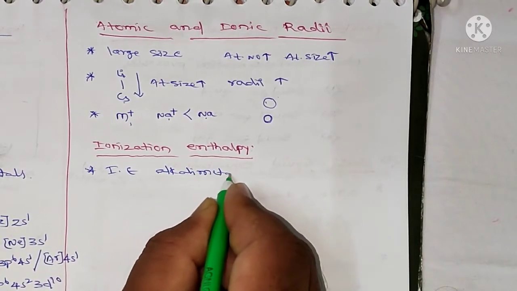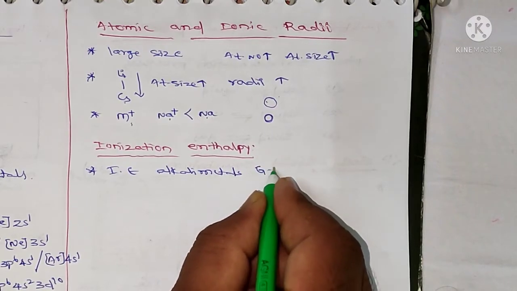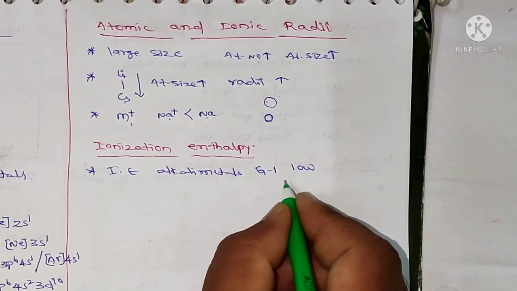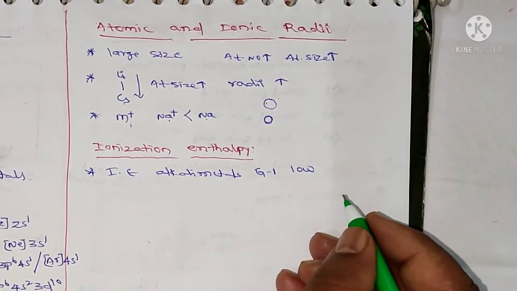Alkali metals means group 1 metals will be low when we compare with other group elements.